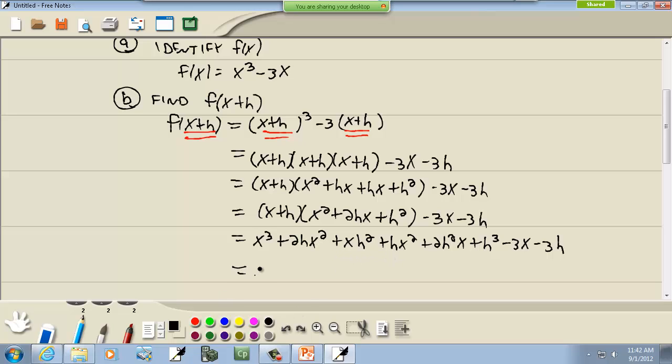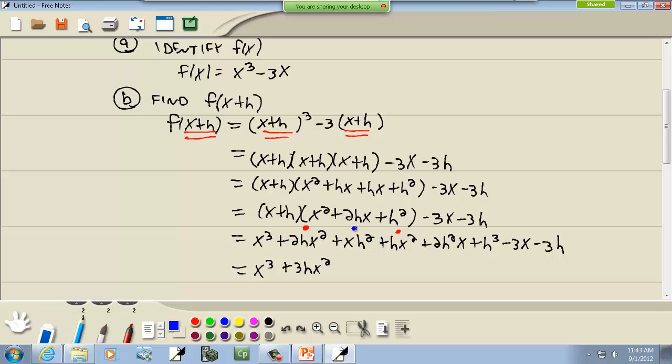I say alphabetical order. That's not because I'm being picky, but it really helps you to pick out your like terms. Here's an hx squared. Here's an hx squared. So 2hx squared plus hx squared gives us 3hx squared.